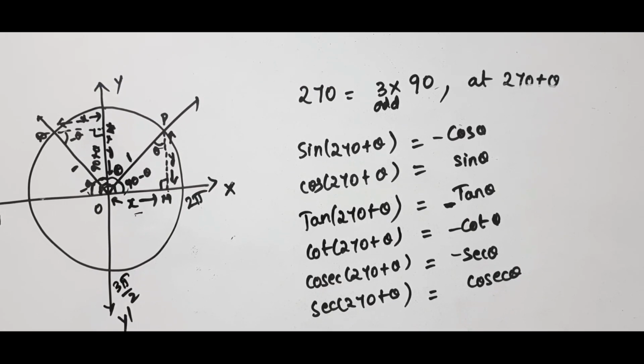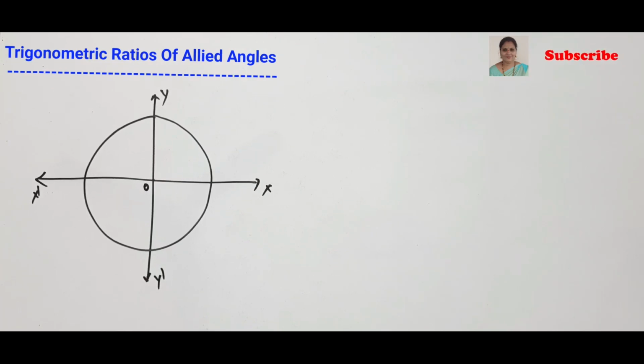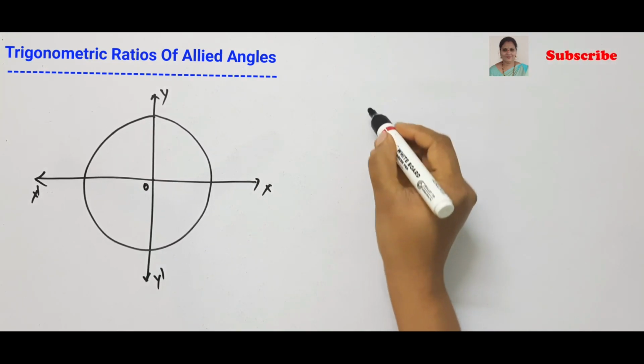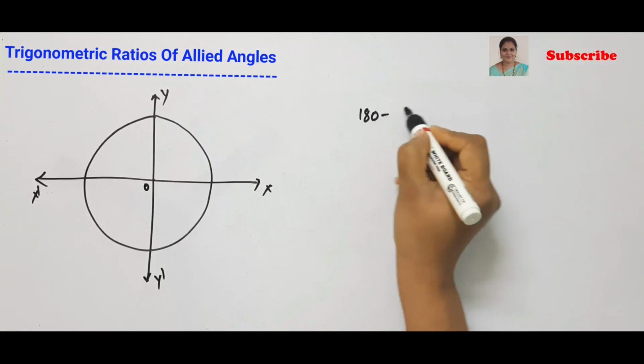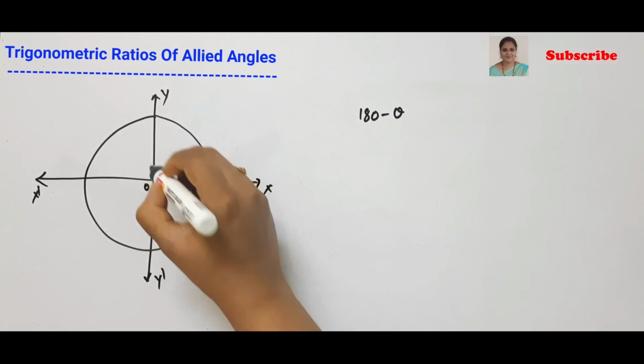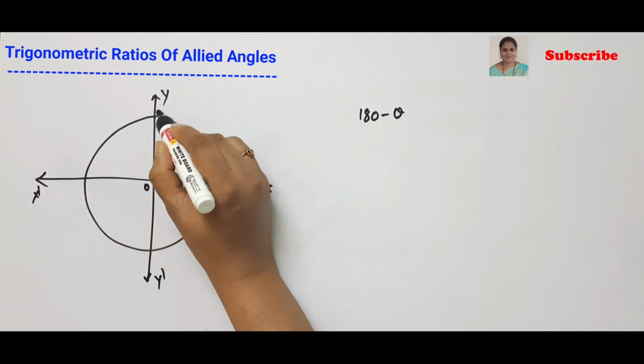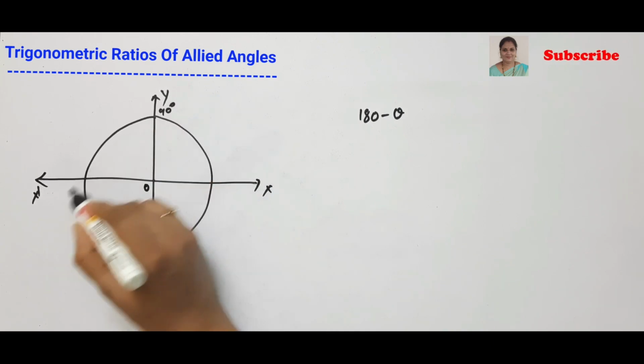Now let us study how the trigonometric ratios will be at 180 plus theta and 180 minus theta. First, the trigonometric ratios at angle 180 minus theta. Suppose the terminal ray is making an angle 180 minus theta. 180 minus theta means it will be in the second quadrant, because here it is 90 degrees and this is 180.